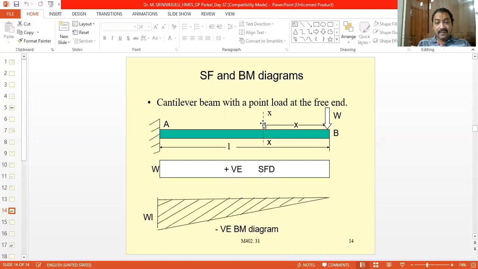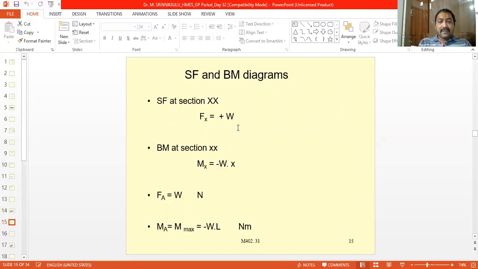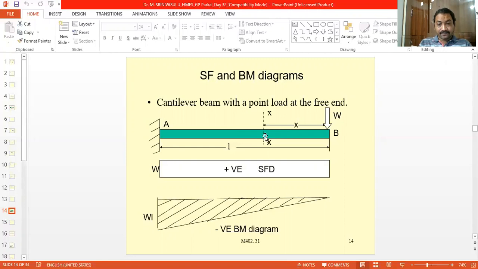Therefore, the shear force at XX, that is Fx, is equal to plus W newtons. Next, coming to the bending moment. Now if you see at point XX, if we take the moment, here also we can consider the moment of the forces acting either to the right of the section or to the left.